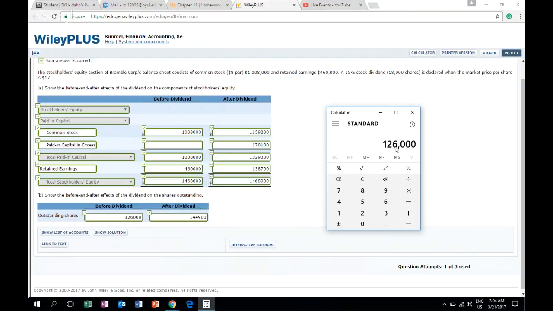That gives us 126,000. And now for after, you're going to keep this number that you just figured out and add the given stock dividend of 18,900, which gives you 144,900.